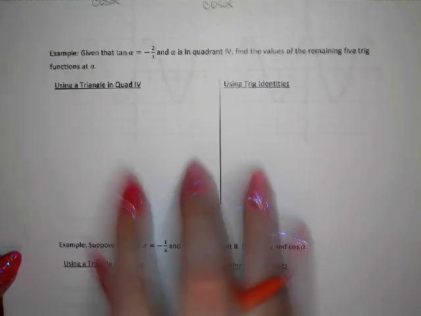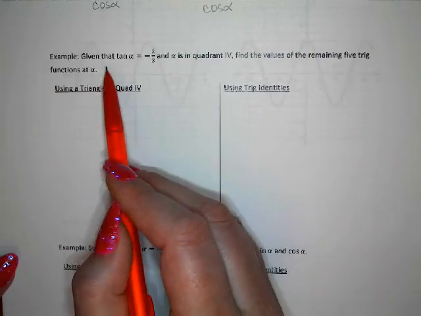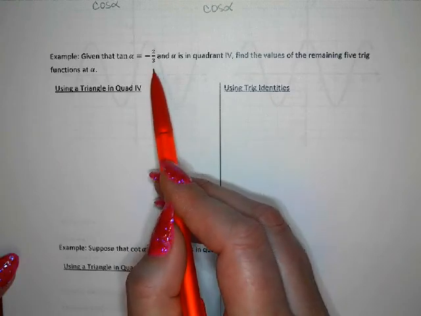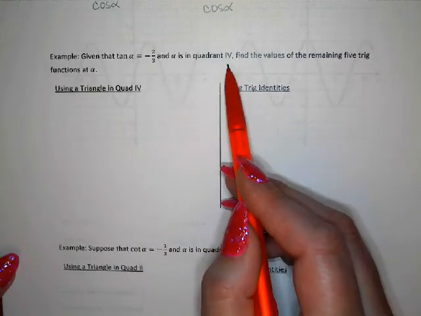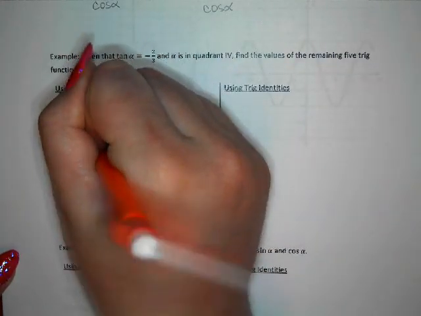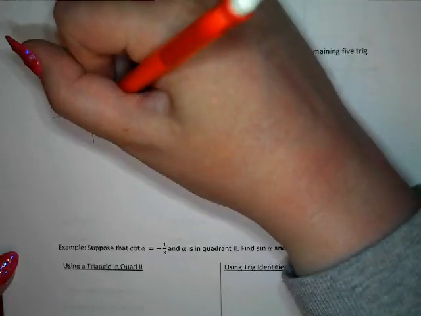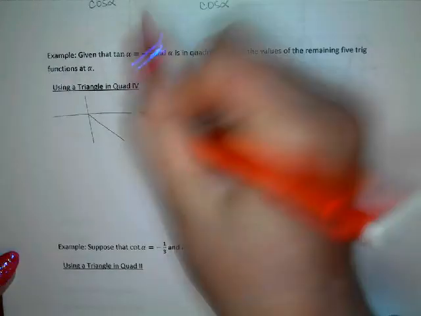So first it says, given that tan of alpha is -2/3 and alpha is in quadrant 4, find the values of the remaining 5 trig functions at alpha. So I'm going to go ahead and draw a picture of this. They already told me that my alpha was in quadrant 4.